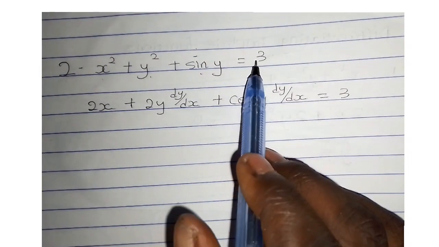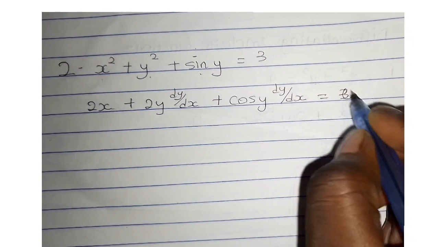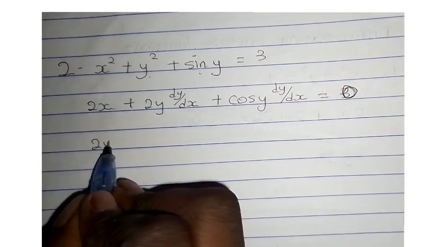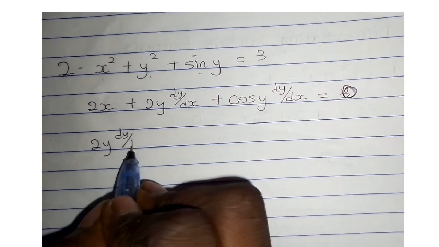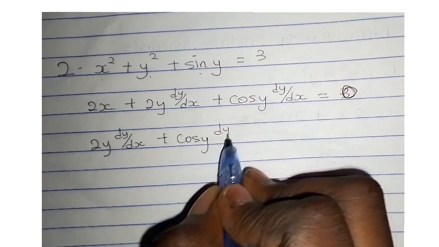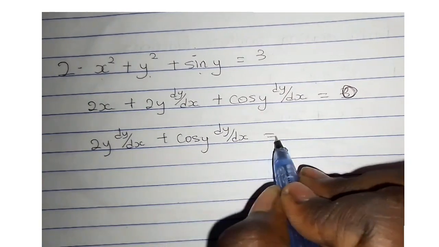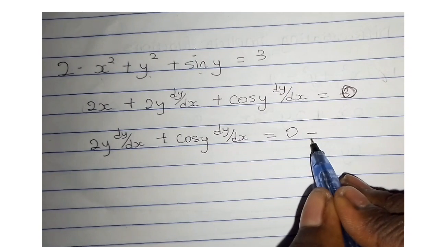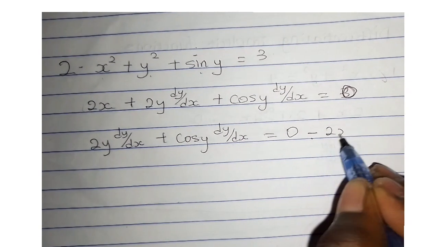So when you differentiate a constant, it automatically becomes 0. So collecting like terms here, we're going to have 2y dy/dx plus cos y dy/dx is equal to 0. Subtracting, when this crosses the equal to, it becomes a negative sign, minus 2x.